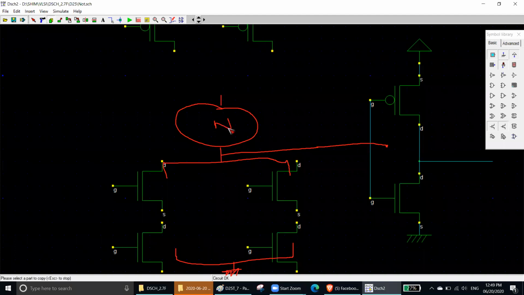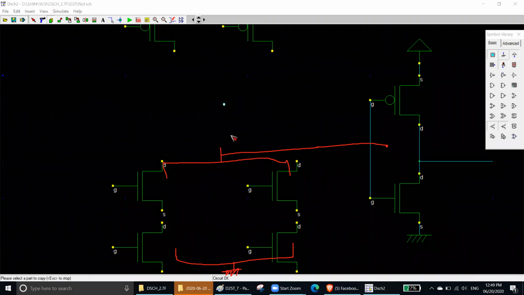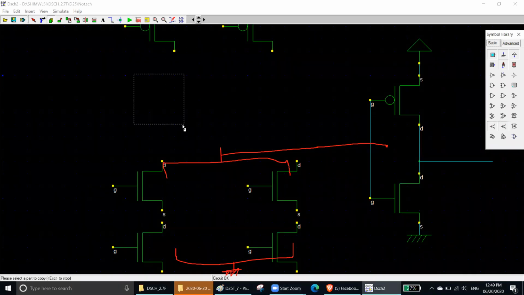Parallel. For N, N is what? CD, right? CD is multiplied here. That means they are series in NMOS, but they should be parallel in PMOS, right? They should be parallel in PMOS, so we need these.